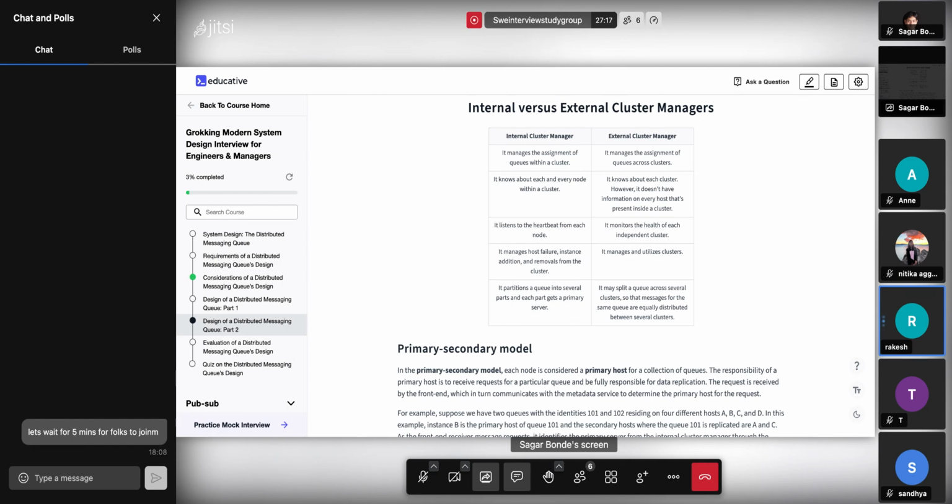The external cluster manager knows about each cluster, however, it does not have information on every host present inside the cluster. But here, the cluster, in the sense, they are talking about from the microservice perspective, right? Right, Sagar?